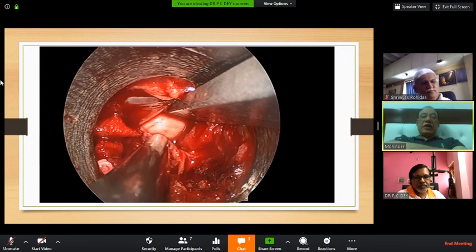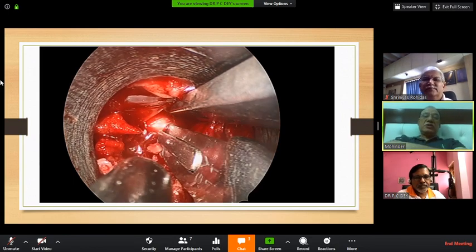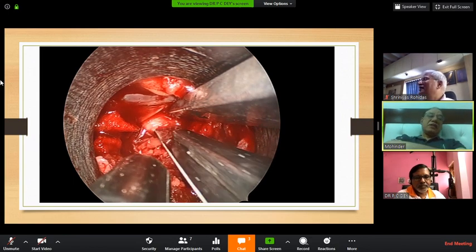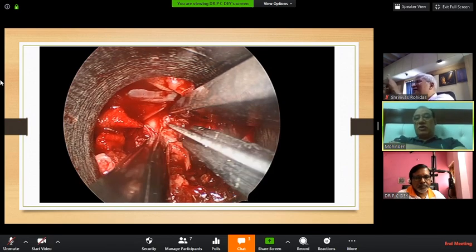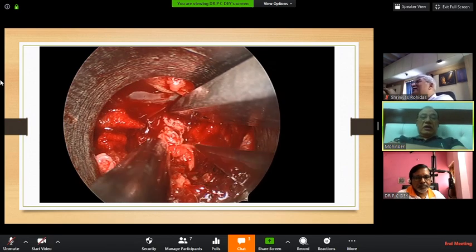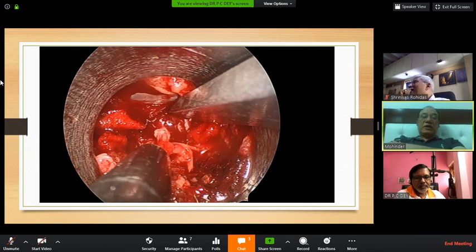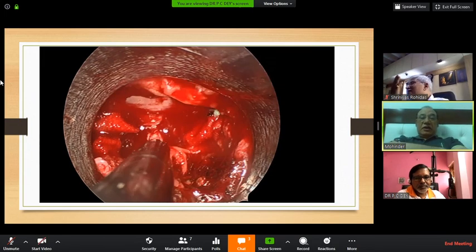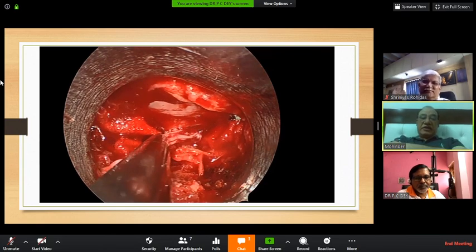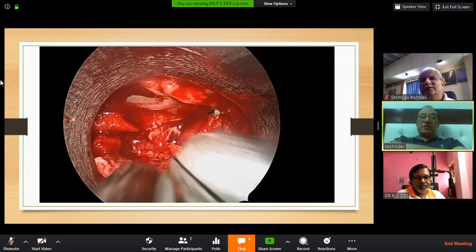Then I use microbipolar coagulation and I use gel foam also, plus bone wax if there is a bony bleed. So these are 3-4 measures which we can take when the patient is bleeding on table usually.